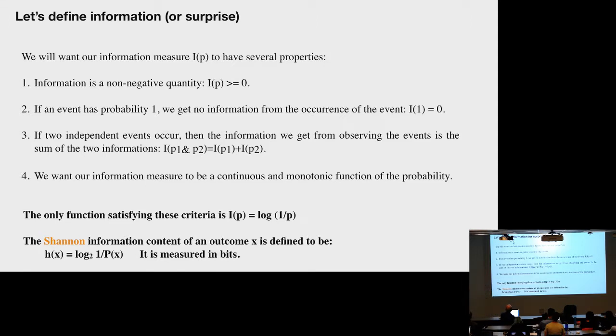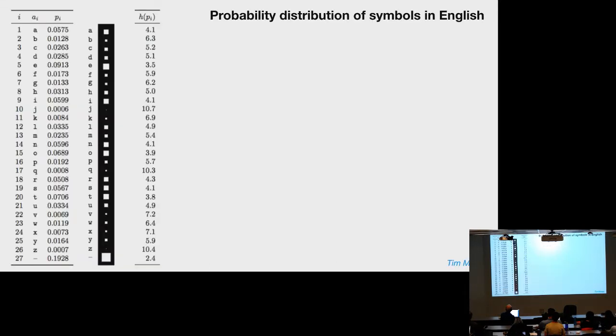All right, so now that we have this measure of information, let's apply it to our list of symbols. This is, again, the alphabet in English. For English text, I just compute log of 1 over P, and now I get the information in bits for each symbol. Because we have taken a log, you can see that the dynamic range has shrunk.